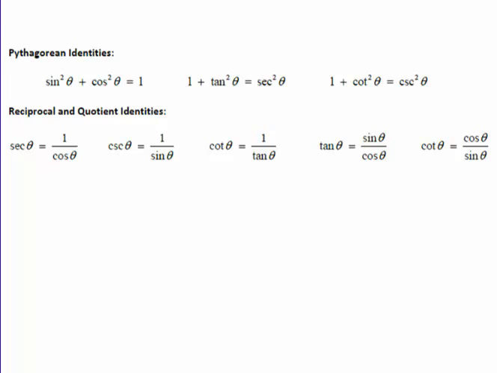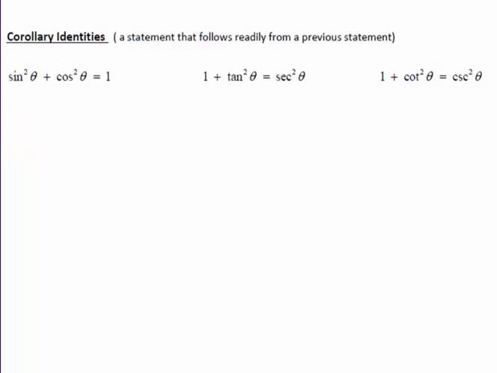Well, these are identities, but we also have what are called corollary identities, a statement that follows from the previous statement. What that really means is if we had sine squared theta plus cos squared theta equals 1, and if we wanted to manipulate it to solve for just cos squared theta, we could do algebra to move things around and find a corollary.